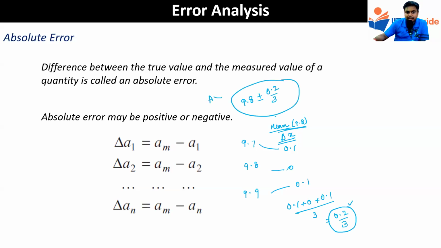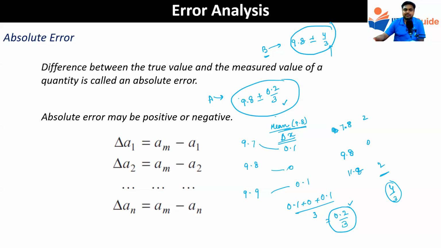This is for student A. And for student B, it is 9.8 plus minus: it was 7.8, 9.8, and 11.8, so 2, 0, and 2. So the sum is 4, therefore 4 upon 3. As you can see here, the error is more in the case of student B and less in the case of student A. Therefore A is performing the experiment better.